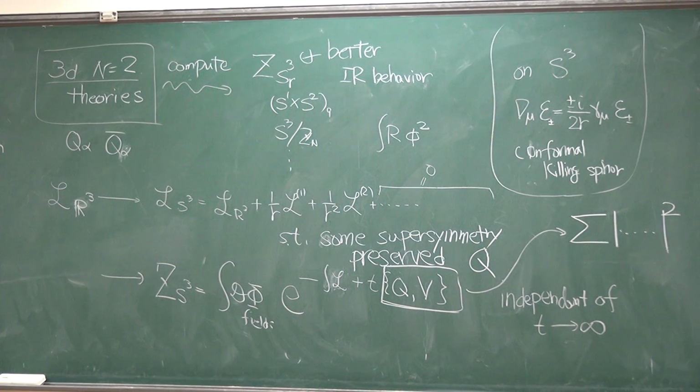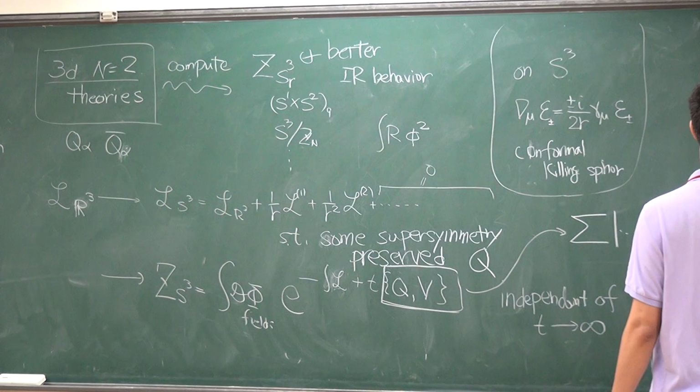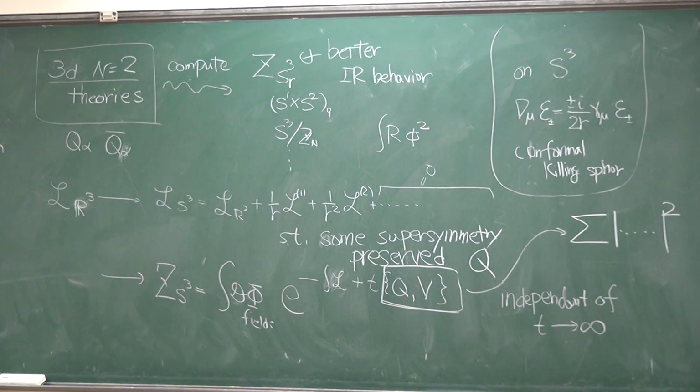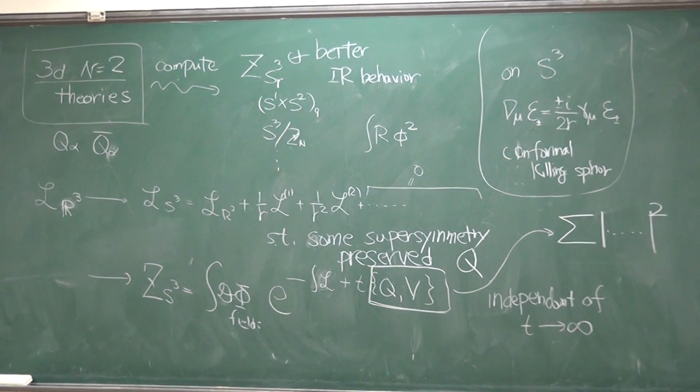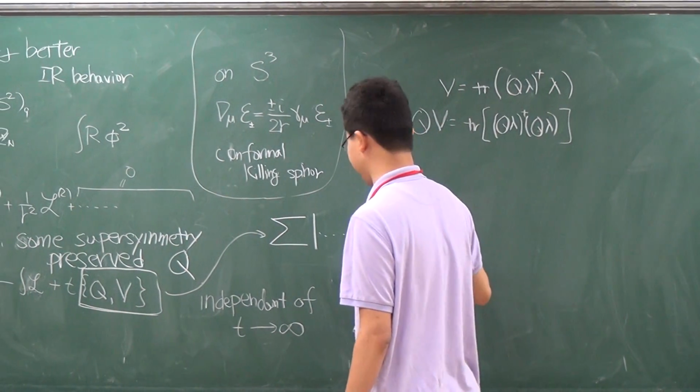Suppose that I have a gauge field, and then this lambda is a gaugino, for example. And then this QV is trace of Q lambda dagger Q lambda. So this is the same one with its conjugate. So this should be positive definite.